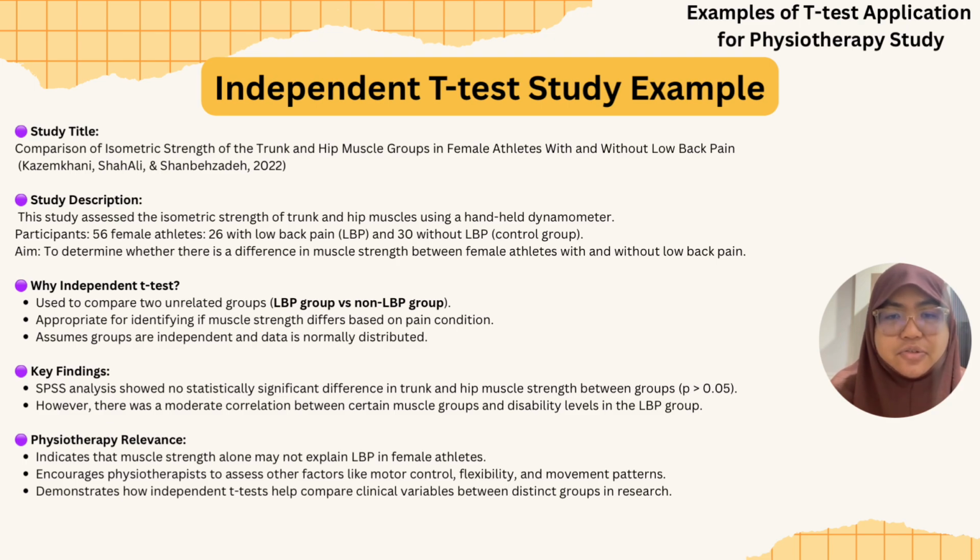The result showed no significant difference in muscle strength between the groups. P-value is more than 0.05, but there was a moderate correlation between certain muscles and disability level in the low back pain group. This tells us that strength alone may not explain low back pain, and we need to consider other factors like motor control and flexibility.